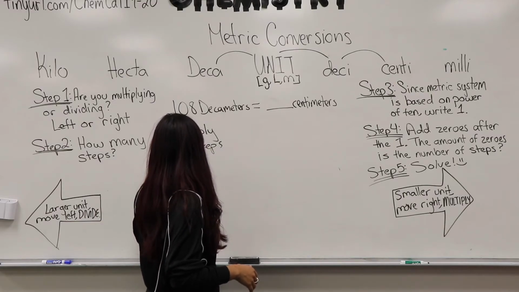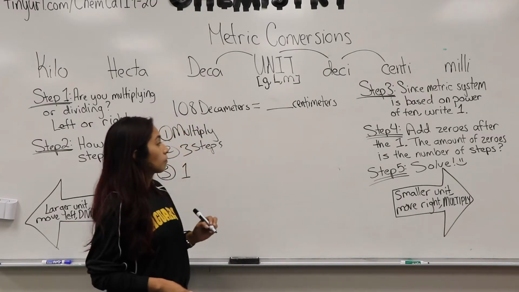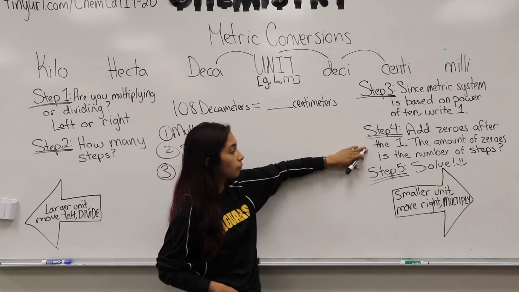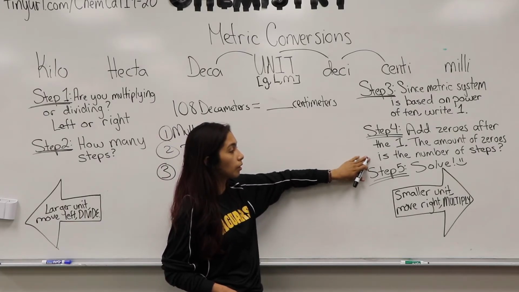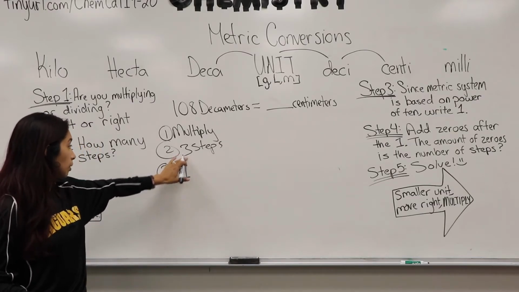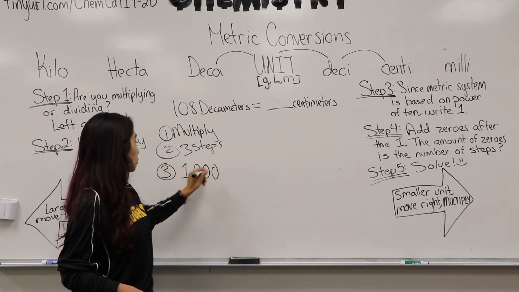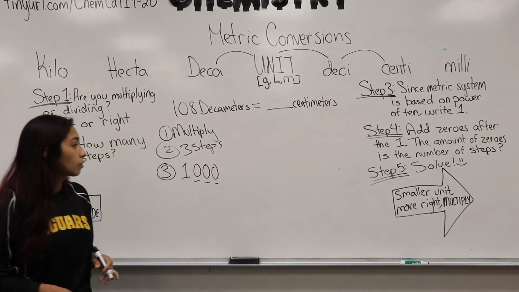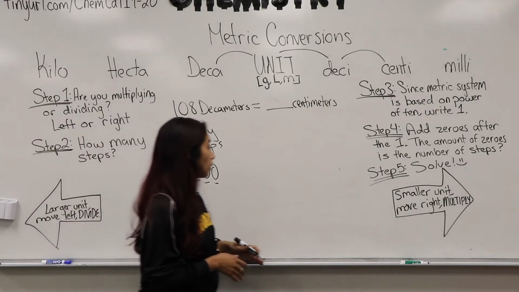So our third step is to write 1. Step 4, add zeros after the 1. The amount of zeros is the number of steps. So how many steps did I take? I took 3. So that means I'm going to add my 3 zeros. 1, 2, 3. Solve. Solve is our very last one.